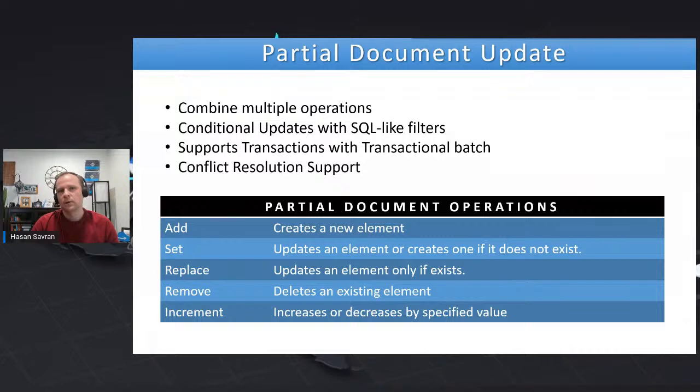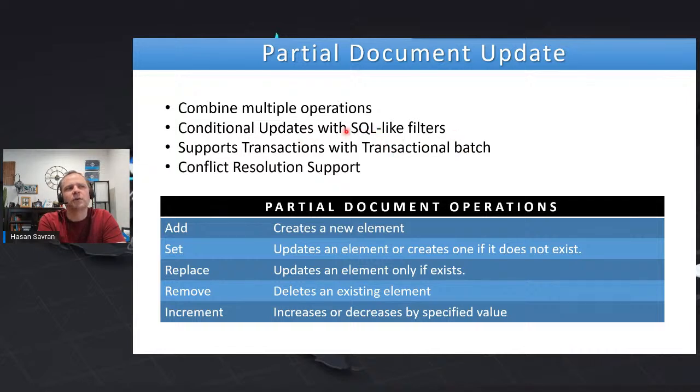By using the partial document update, you don't have to send the whole JSON document anymore. You can add, which is going to create new elements. You can update them. You can delete an existing element, or you can increase or decrease the value of a number. If you want, you can combine them. Before the example, let me talk about this one too, because it is important for the filters.